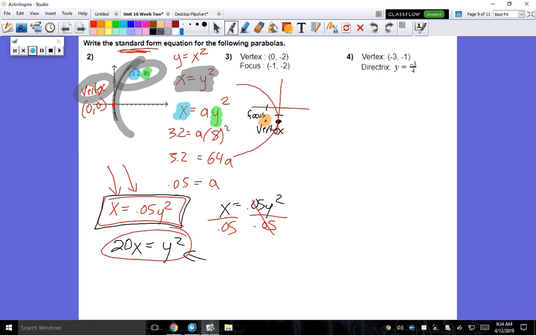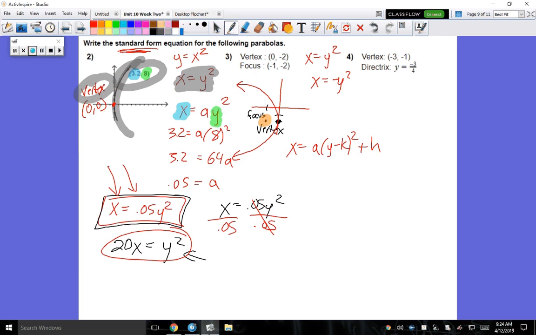Okay? So this tells me where it's opening up. So I know it's a form of x is equal to y squared. In this case, it's going to be a form of x is equal to a negative y squared, from what we did at the very beginning of this video. Okay? So let's look at our standard form for this. We have x is equal to a(y minus k) squared, and we're going to have the plus h.